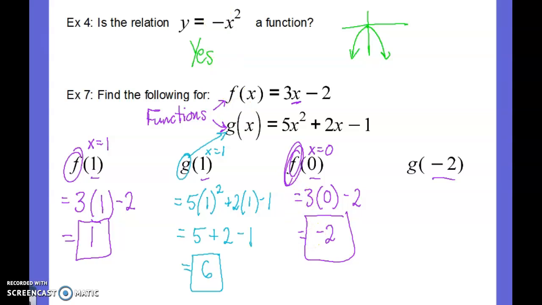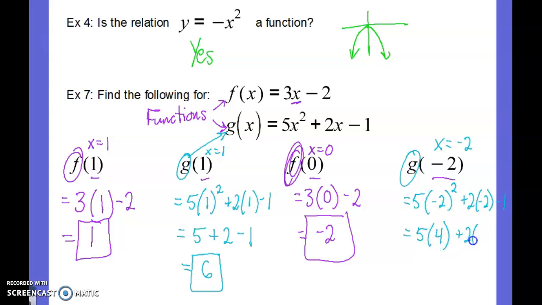And the reason why we have this last one, so go to the g function and put x equals -2. A lot of students make this mistake. So make sure you're watching the videos, make sure you're listening, and you're understanding that you have to do the exponent first. So this means -2 times -2, which is +4.